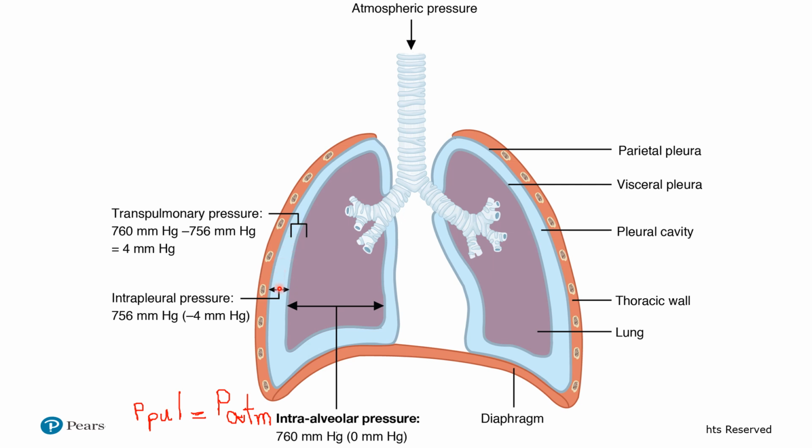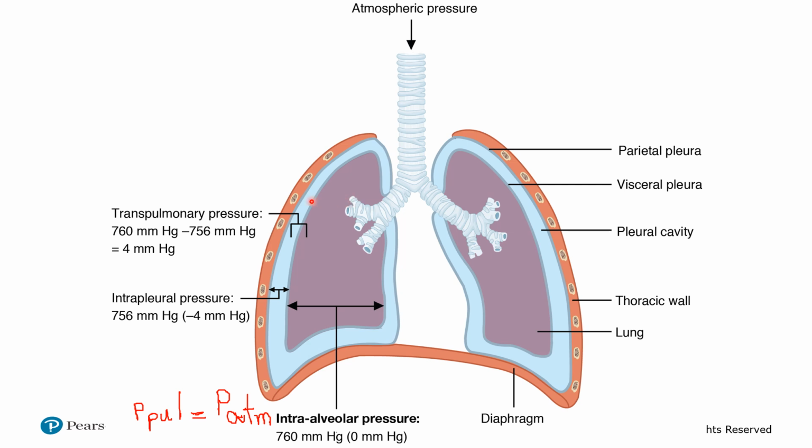We know there is a small amount of pleural fluid present in the pleural cavity, and because of the suction power of that pleural fluid, the visceral pleura and the parietal pleura are stuck together. Just like if you put a drop of water between two glass slides, they can slide on each other, but they are stuck together and don't get separated.